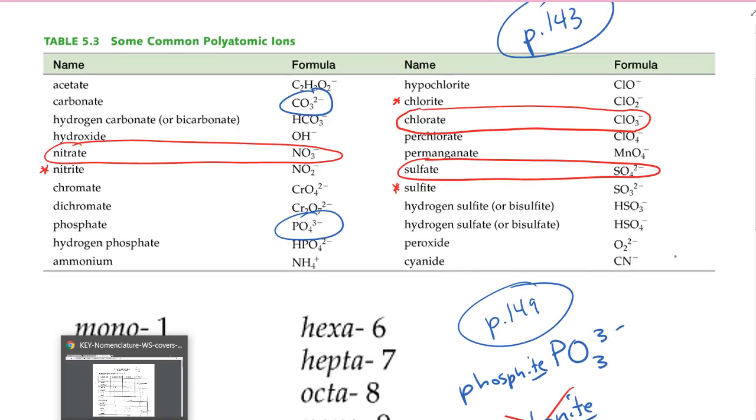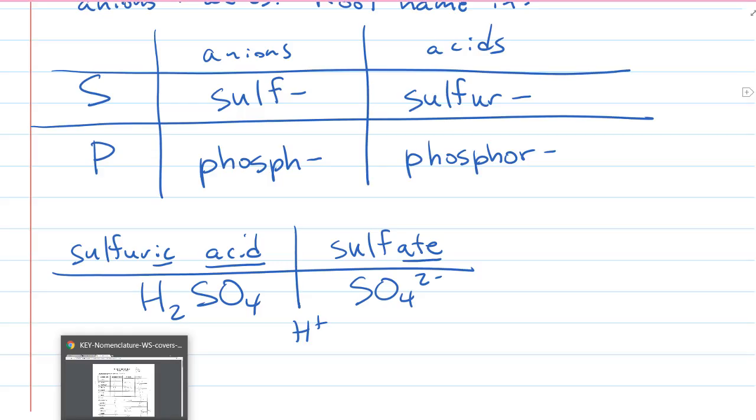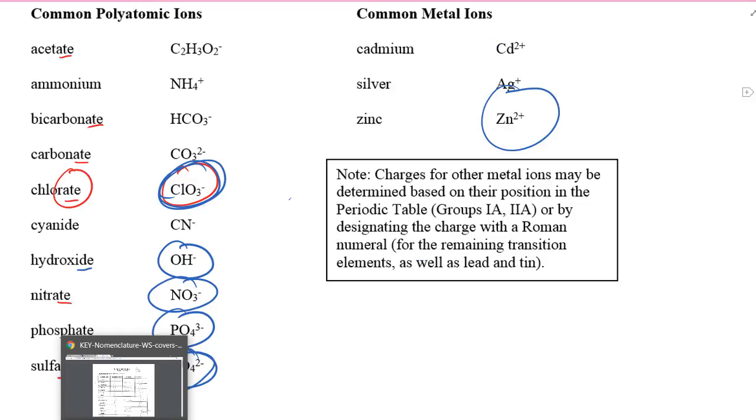So your Mastering Chemistry may include things we didn't memorize. As long as you have this table here available on page 143, you should be able to get all of them that you may encounter on Mastering Chemistry. But again, it may include things you're not memorizing. For the exam, you're just going to focus on these whatever 10 that there are.